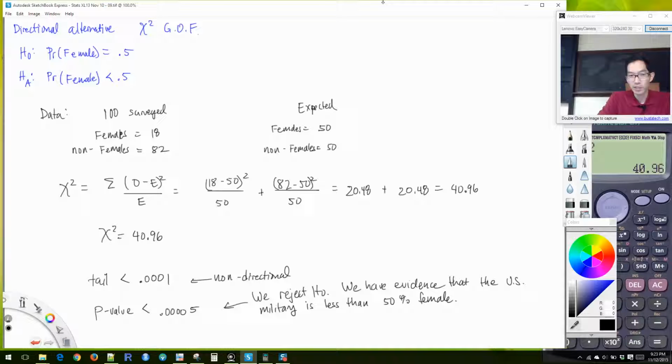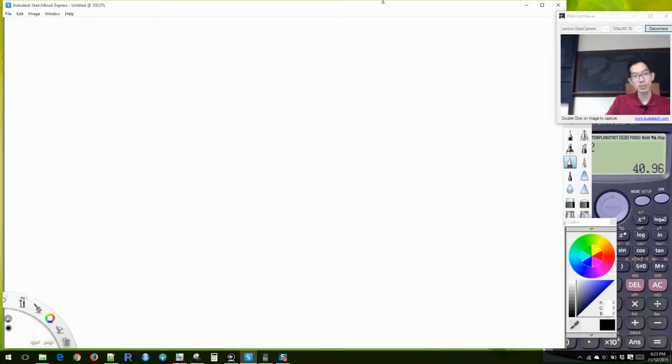Okay, and so the next application of the chi-squared test is to test to see if two categorical variables are independent. Okay, and so the book moves all of this stuff into chapter 10, but I feel like it fits in with chapter 9.